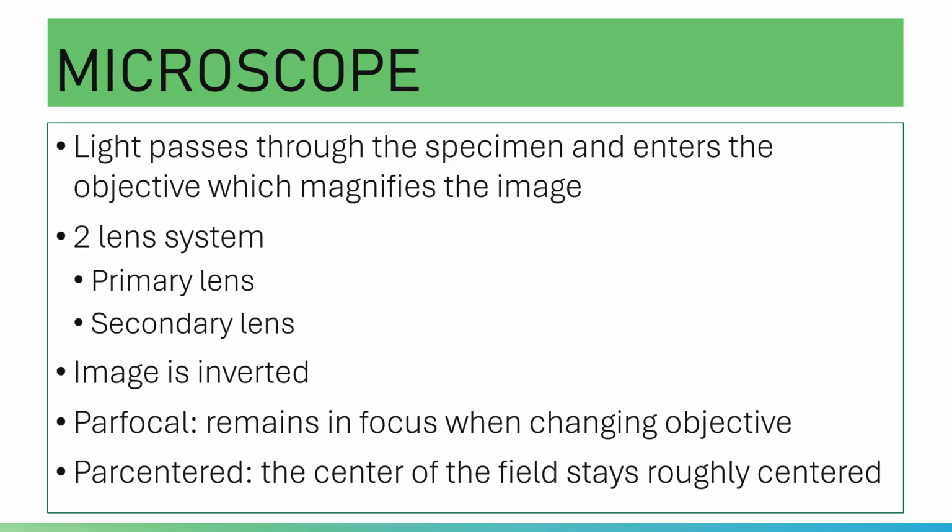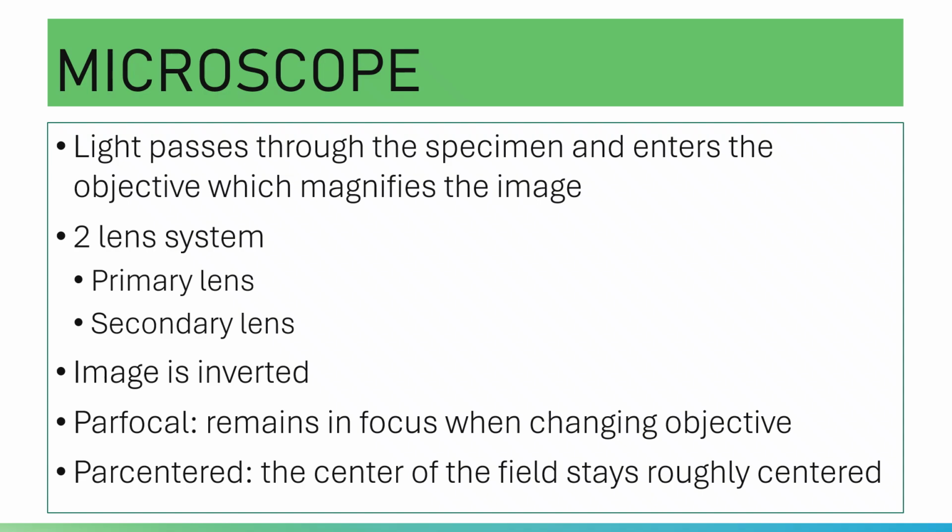You have the primary lens, which here is your objective lenses, and then your secondary magnifying lens, which is your eyepiece.